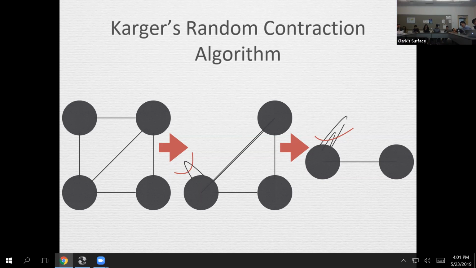So the two nodes become one. You merge the two into the next one, connected to each other, and delete this one.